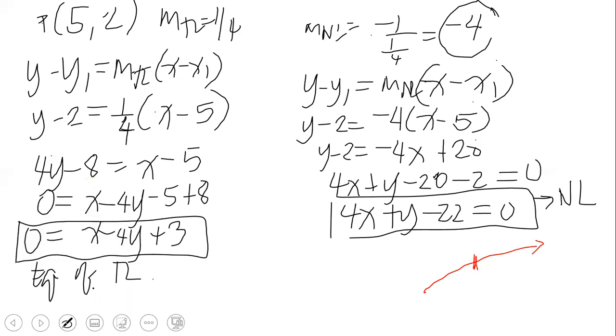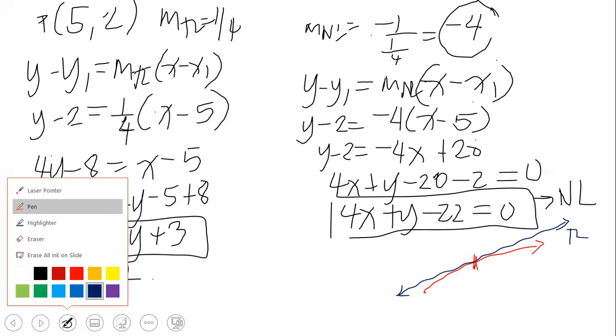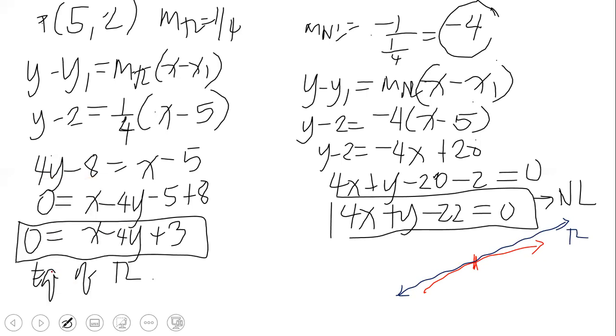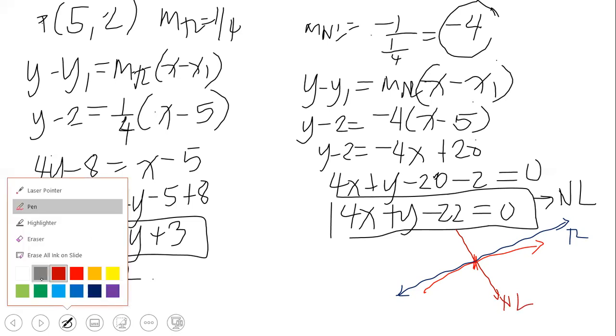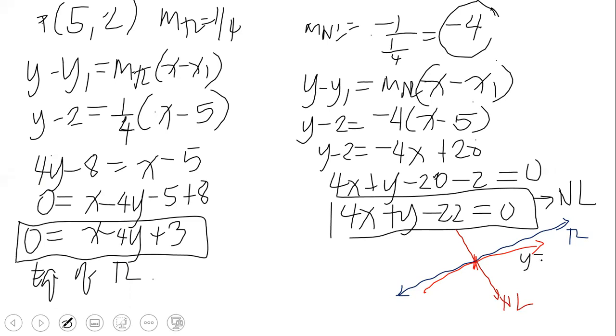And this is the equation of the tangent line. And for the normal line, it crosses at the point of tangency. So this is the normal line. And this is the graph of y equal to square root of x minus 1.